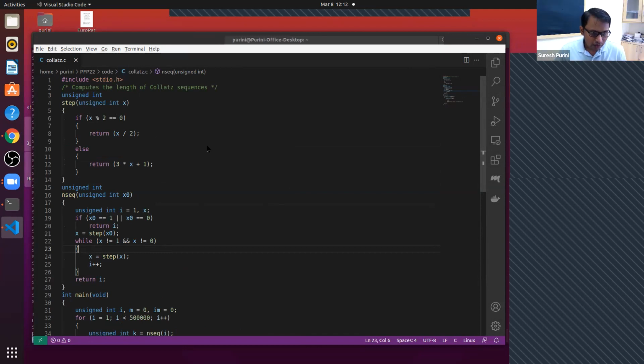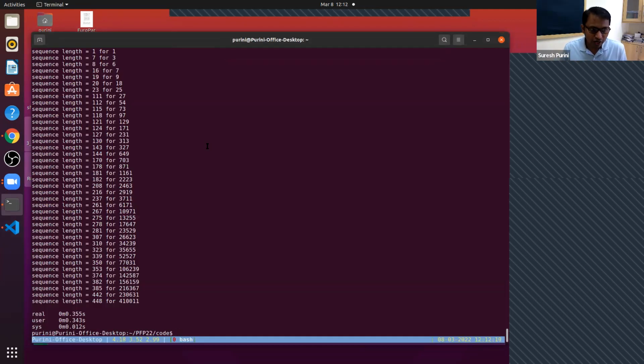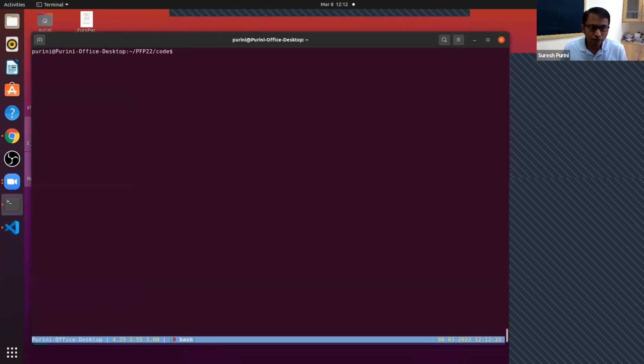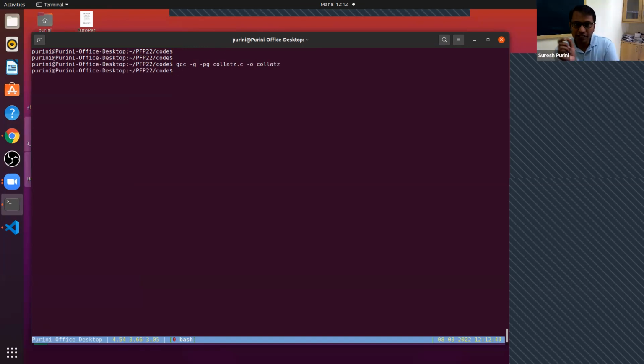This is the program that we have just run, and we want to get a deeper analysis of what is happening where. In order to do that, we can compile this program using the option -pg: gcc -pg collards.c -o collards. When we use this option -pg, when the program is compiled, GCC inserts some instrumentation code into the program.